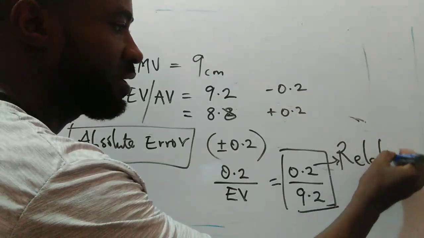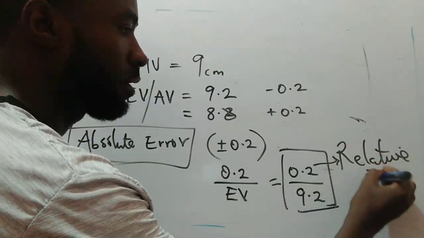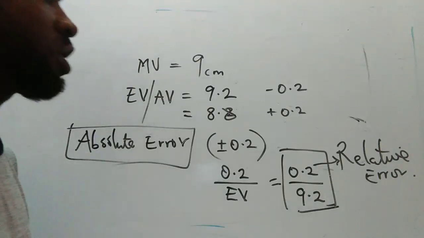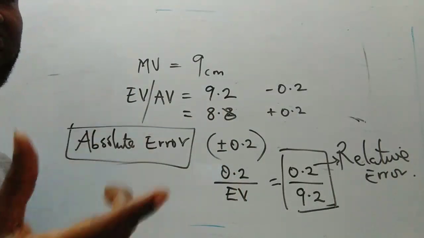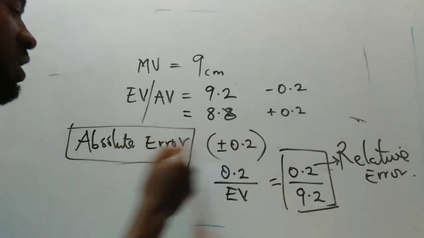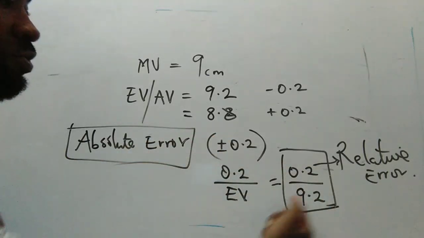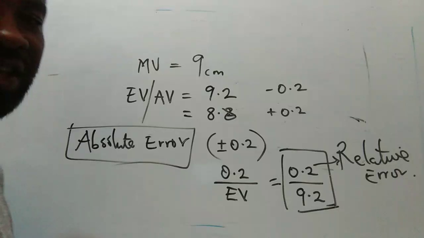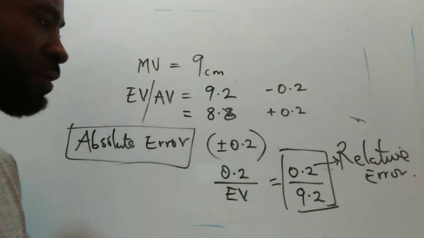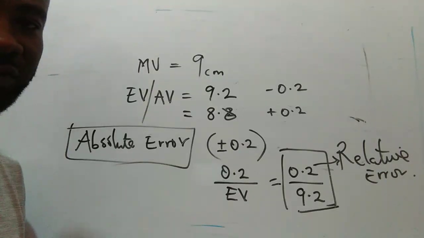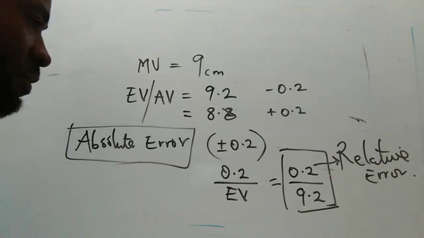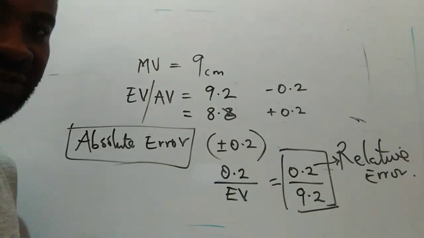The relative error. So if my exact value is 9.2, my relative error will be the absolute error, which is 0.2, divided by my exact value, which is 9.2. Now, that is what relative error is.